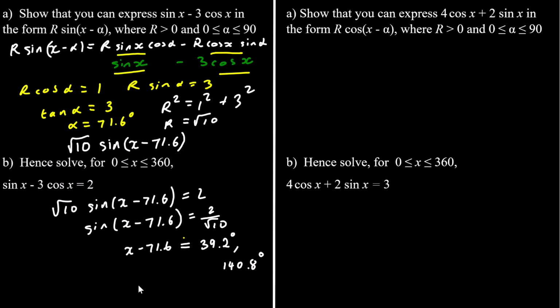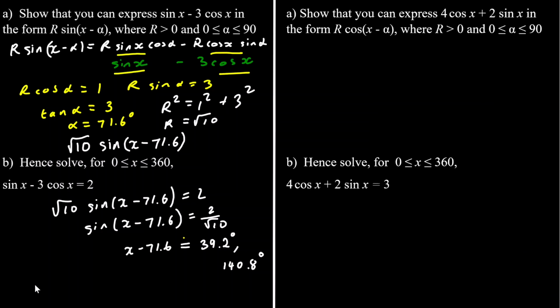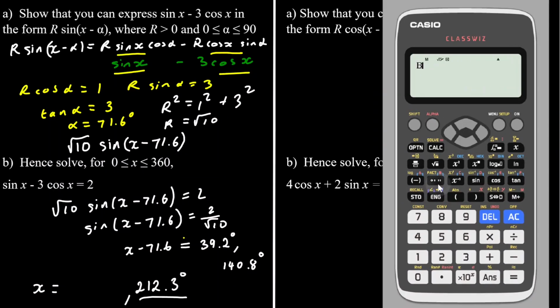They'll still be between 0 and 360. So they are the answers we want. So this one plus alpha, 212.3. And the first one plus alpha is 110.8.